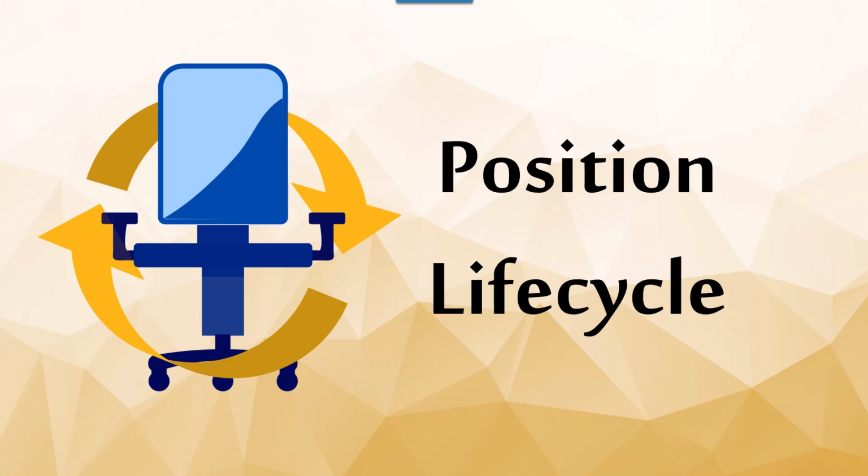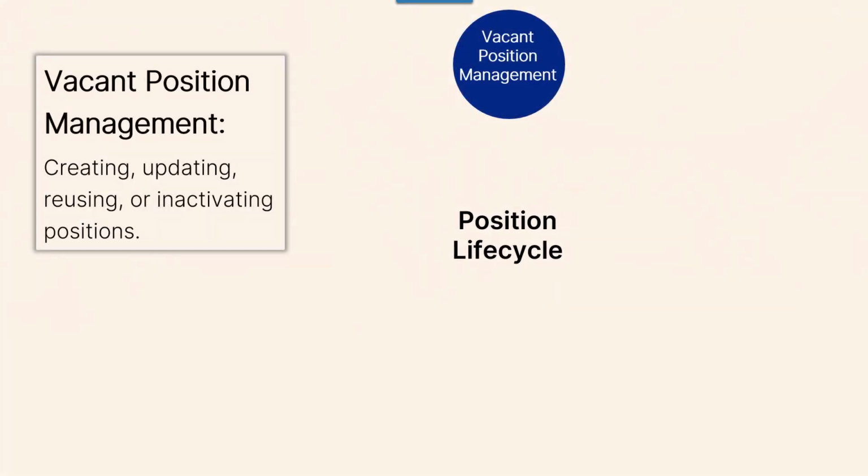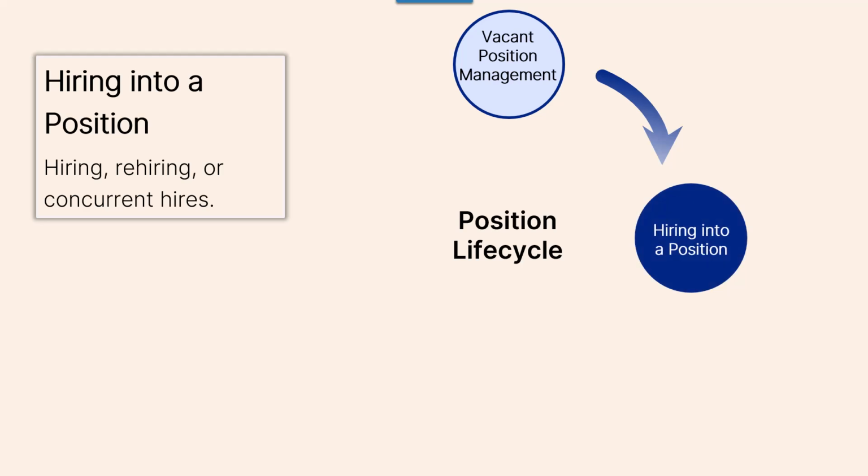The position life cycle represents the journey of a position in UCPath, starting with vacant position management. This includes creating, updating, reusing, or inactivating positions. Hiring into a position: once the position is created or updated, an employee can be hired into it.